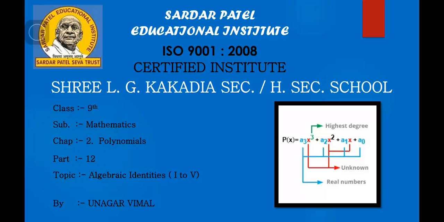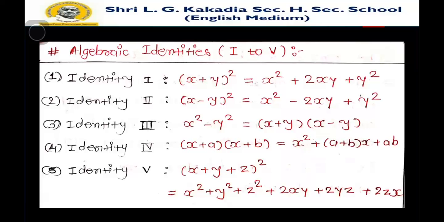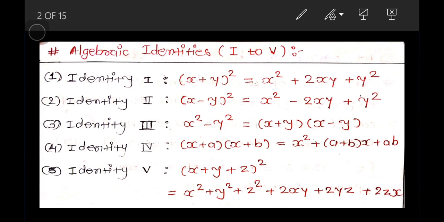First, we have to remember these 5 identities as given here, that is algebraic identities 1 to 5. Identity 1, for any two variables x plus y: x plus y whole square is equal to x square plus 2xy plus y square.